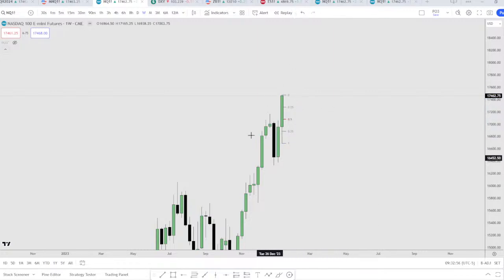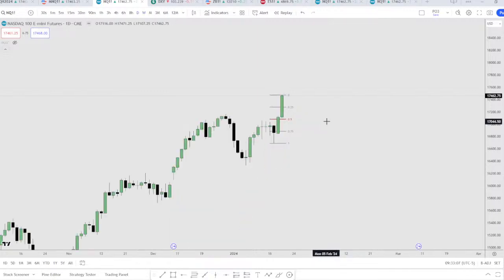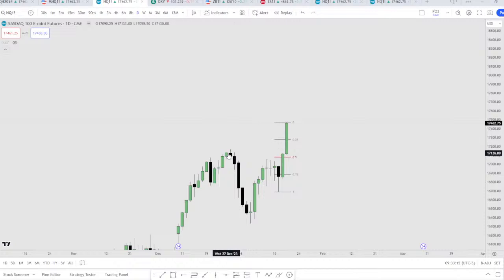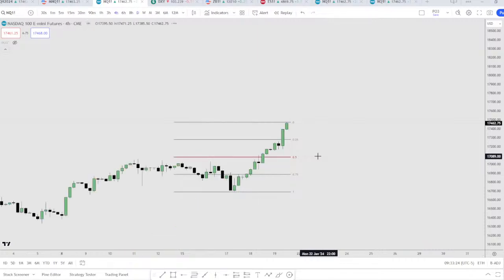Okay, so what can we find within this range here from 2.5 to discount? Daily time frame obviously has nothing that we can derive from other than this breaker here, but personally I don't think it's going to retrace into this breaker, so I'm jumping into the 4 hours.